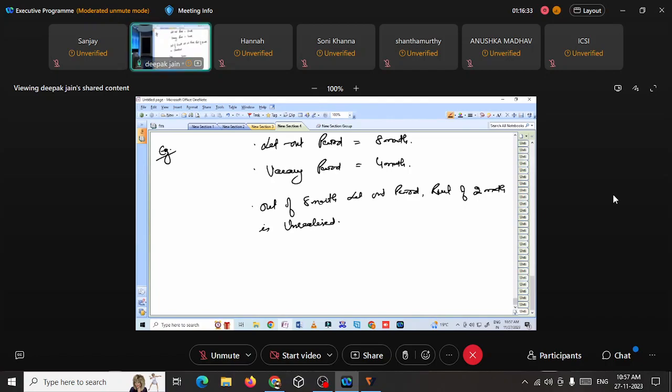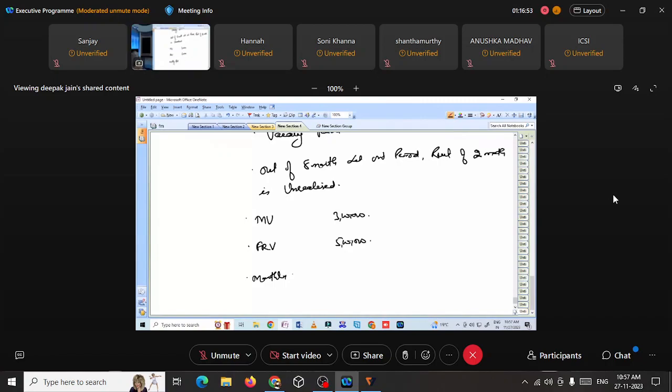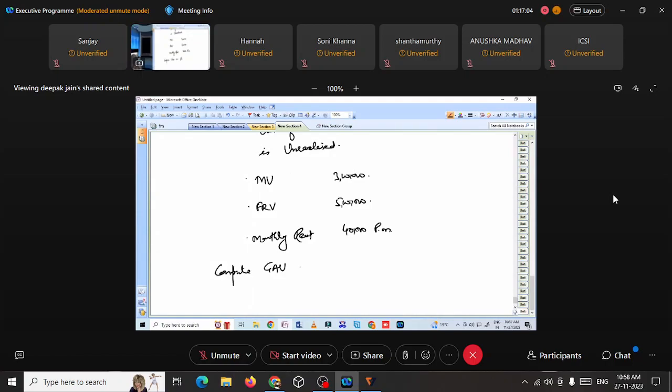Fair rental value, let us say monthly rent 40,000 per month. Compute GAV as per both approaches.